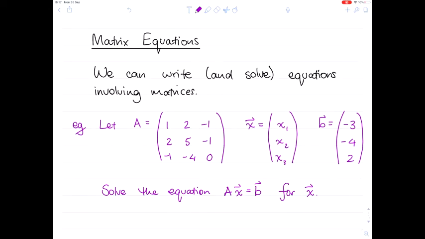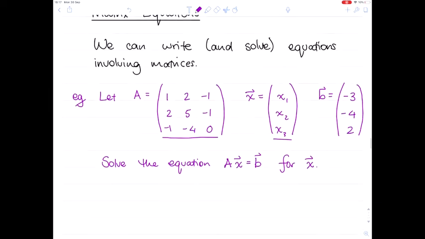For example, if we have the matrix A, which is this 3 by 3 matrix, and two column vectors, the x vector is x1, x2, x3, and column vector B is minus 3, minus 4, minus 2, then we can write the matrix equation A times X is equal to B. Let's just check.